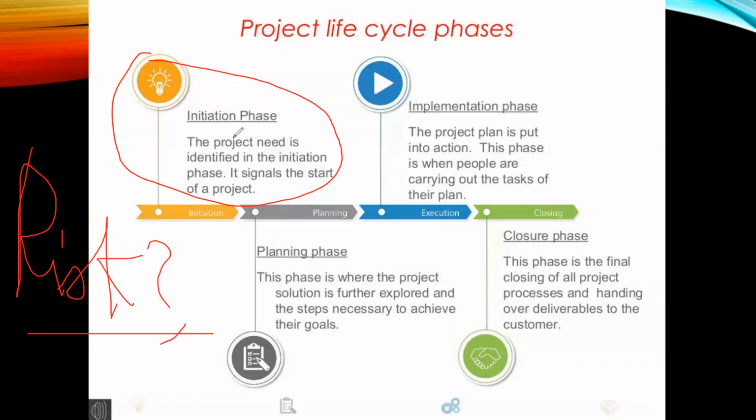There might also be multiple other reasons, such as cost, because the cost is yet to be discussed in the initiation phase. Whenever you initiate, you are also understanding what type of cost you are working with. So these are two main examples.